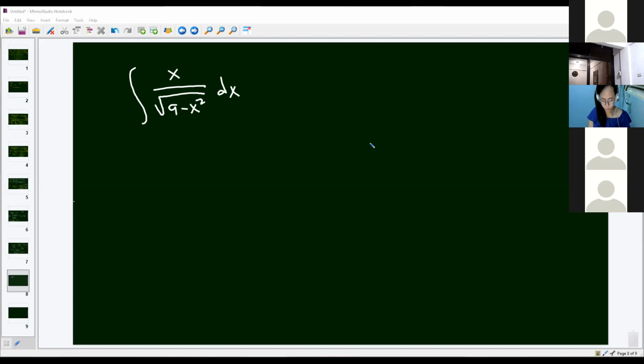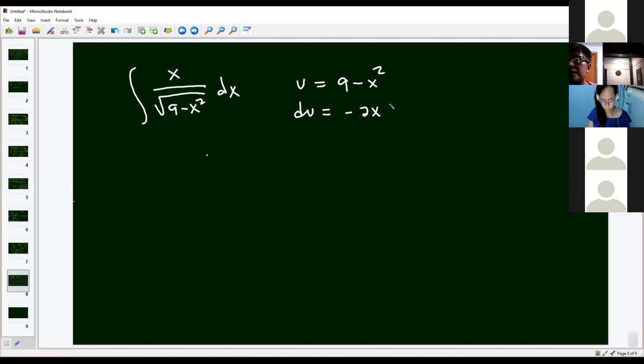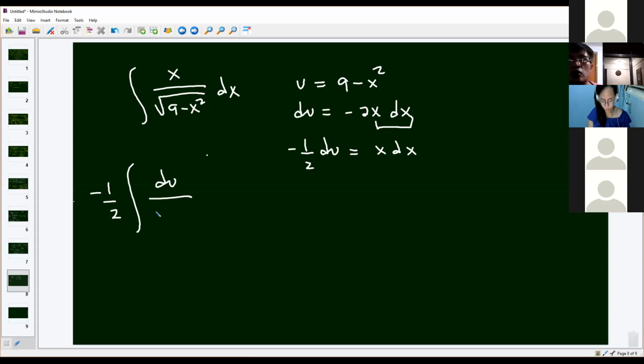This is just simple substitution, guys, right? Again, let's go. Let u be 9 minus x squared. du is negative 2x dx. So x dx is this, meaning negative 1/2 du is x dx. So by substitution, negative 1/2 outside, du over square root of u. Right, guys? Which is a simple power problem: u to the negative 1/2.